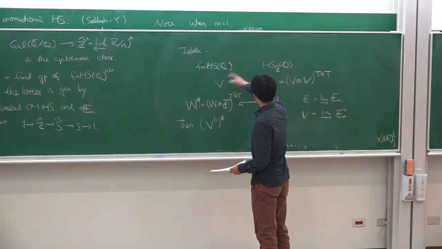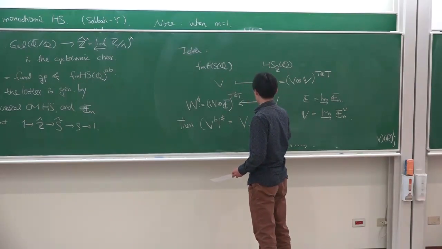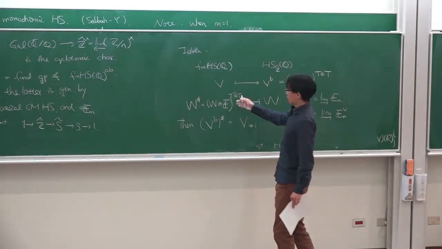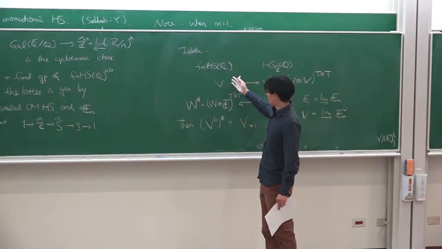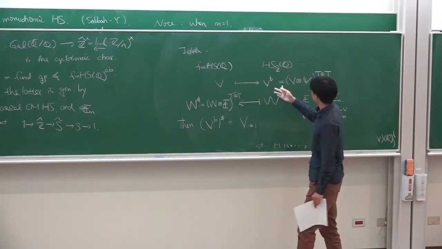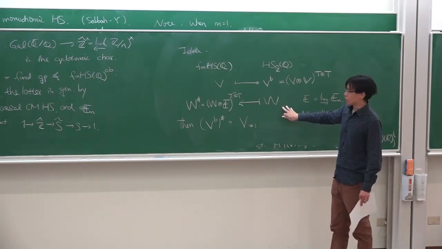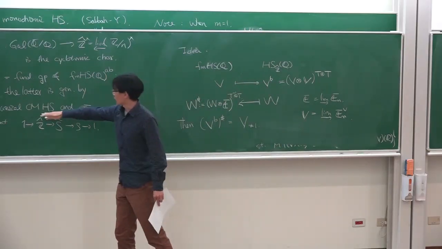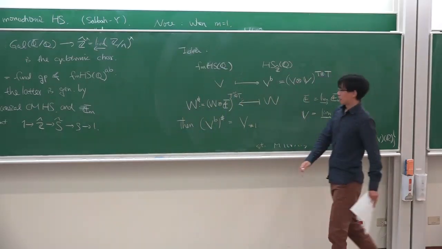But if you do this operation twice, you will have a V, and you take out this T invariant part. Which means that if you have a CM finite monodromic Hodge structure, if you allow a twist by this gamma motive, actually you have a classical one, but it's still of CM type. So this explains why this category is just generated by the classical Hodge structure, and also this E_m. Okay.